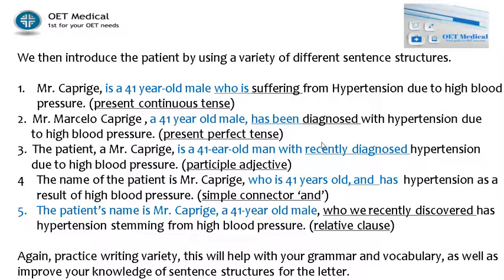We recently discovered, or we discovered, is a clause, subject and a verb. So again, look at the different types of grammar, because this is one of the things that the examiner will want to see, is your range of grammar. So try and include different ranges where you can.